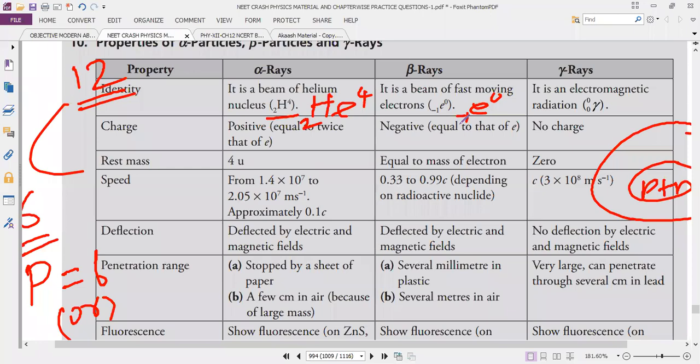Next one, gamma. Gamma means it is only for radiation, electromagnetic radiation. There is no mass number, there is no atomic number. See here, for gamma, the top is 0 and the bottom also 0. So atomic number also 0, mass number also 0. So gamma is only for radiation. It will emit only radiation.